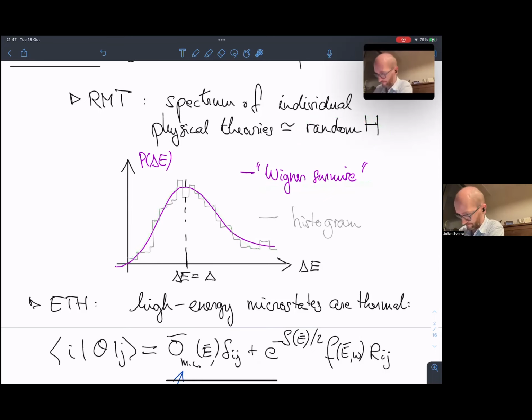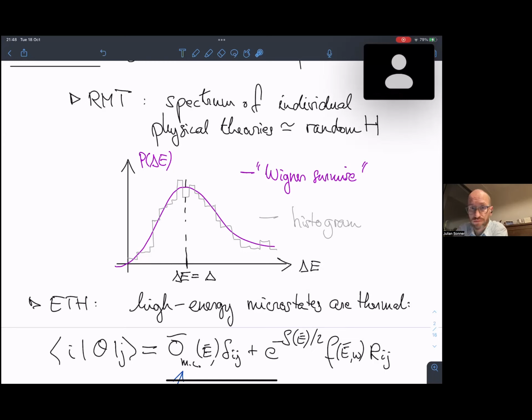One is... Julian, can I ask a quick question here? Yeah. When you say an individual physical theory, I understand you mean a typical H. You're comparing a typical H with an average H. No, I literally mean, for example, a chaotic billiard system, or the Hamiltonian of... For what values of the coefficients?